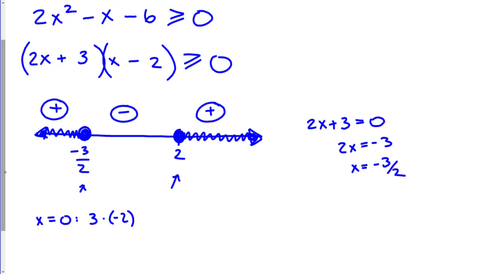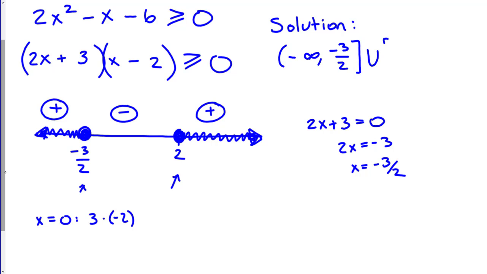So my solution is the interval from negative infinity up to negative 3/2 inclusive, and then starting from positive 2 going to positive infinity inclusive. And remember the U standing for the operation union takes two sets and joins them together into one single set. So that's how we express a compound set.